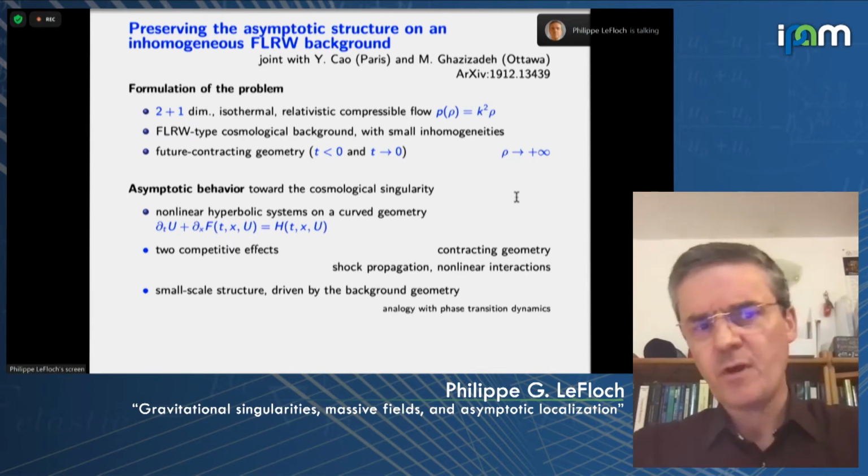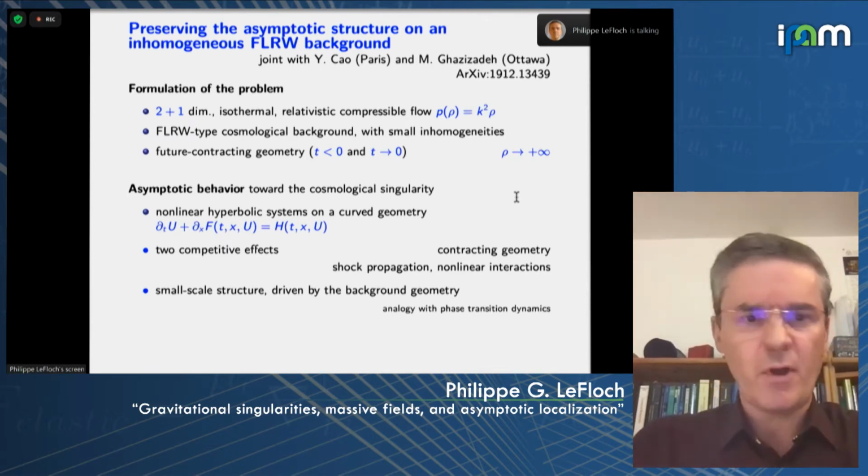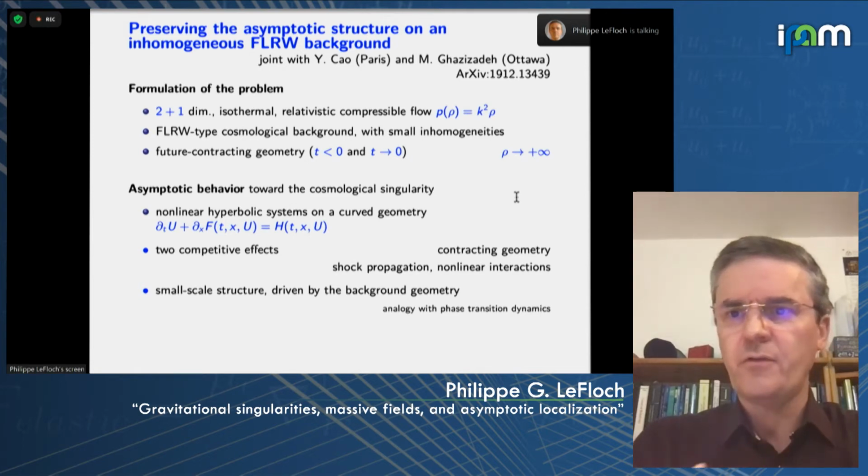The equations are put in a nonlinear hyperbolic form as usual, and you have now two competing effects. You have the geometry, which is contracting, and you have the shock propagation that has its own speed of propagation. There are nonlinear interactions taking place.